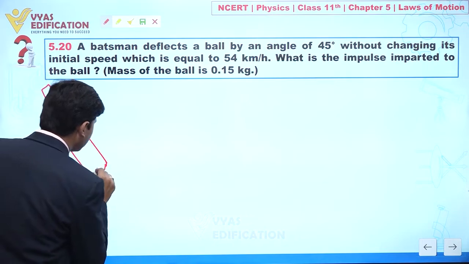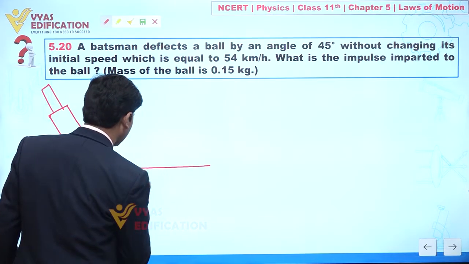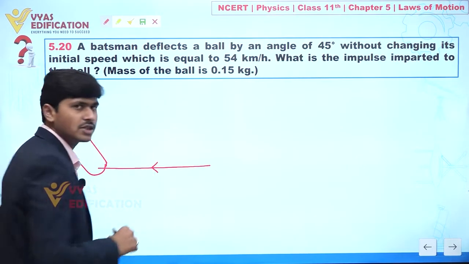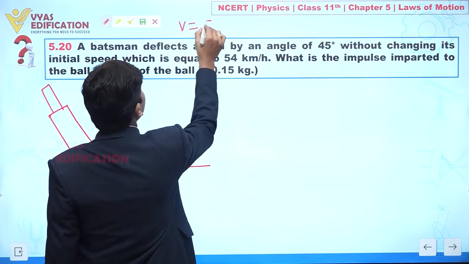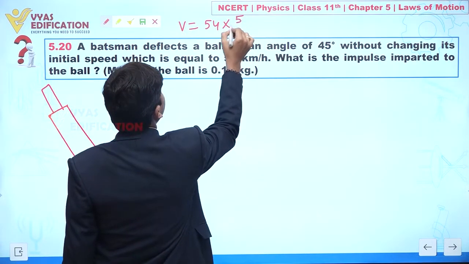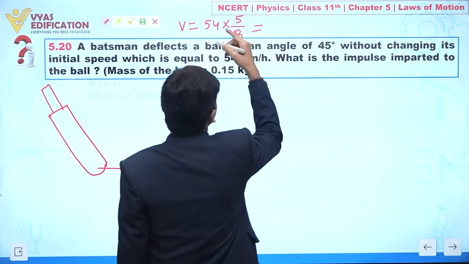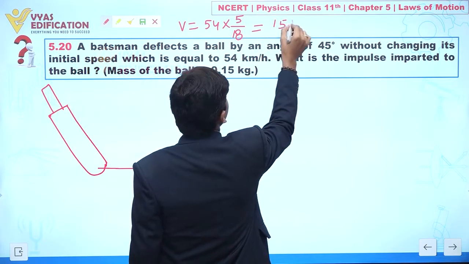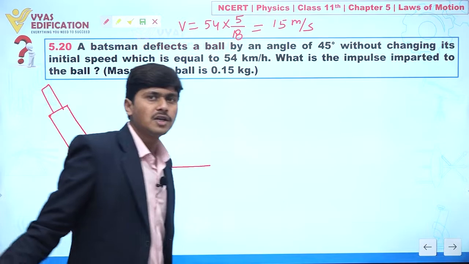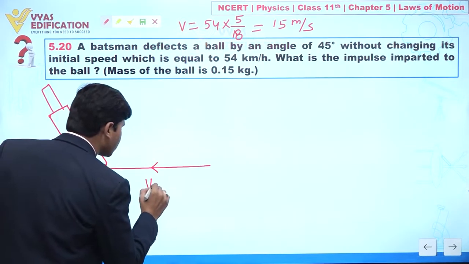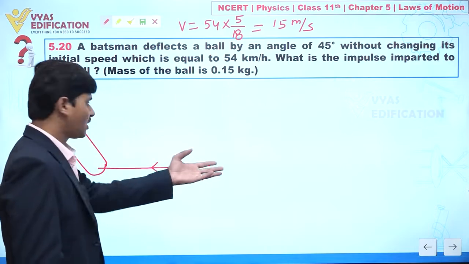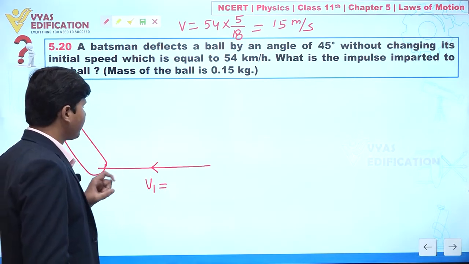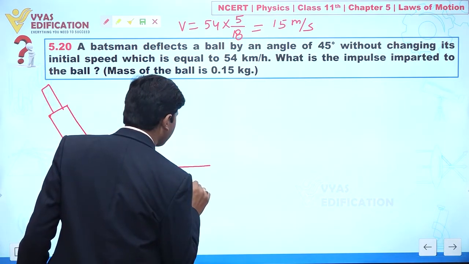Initially the ball is coming from this direction and the initial speed is 54 km per hour. We can convert this into meters per second: multiply by 5 by 18, which gives 15 meters per second. The ball is coming toward the bat with this velocity.